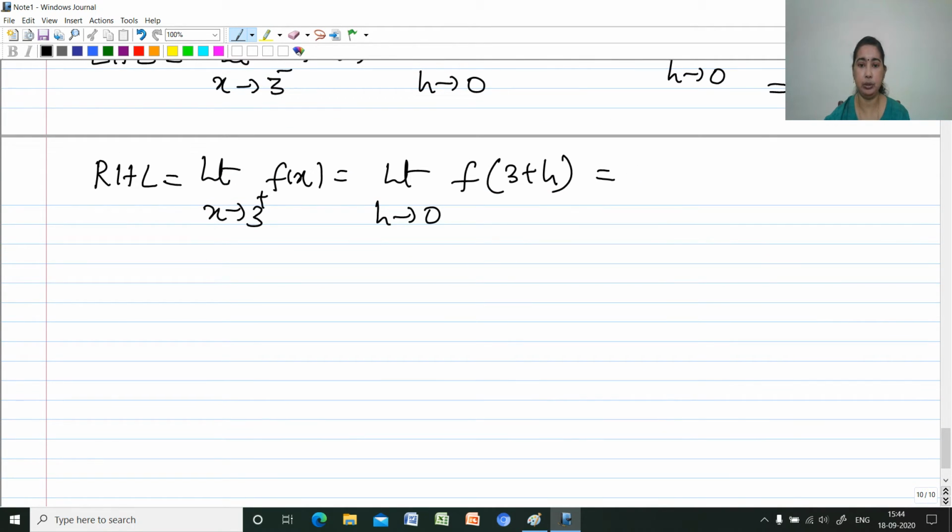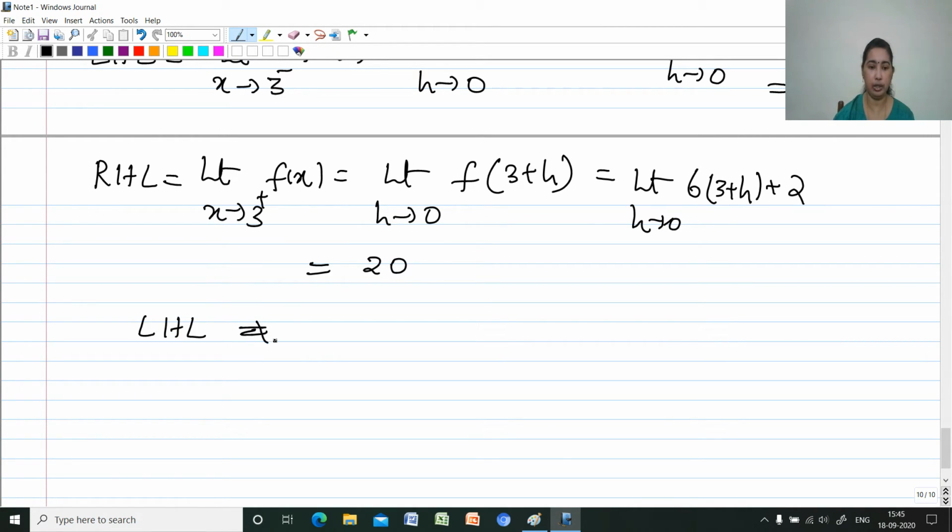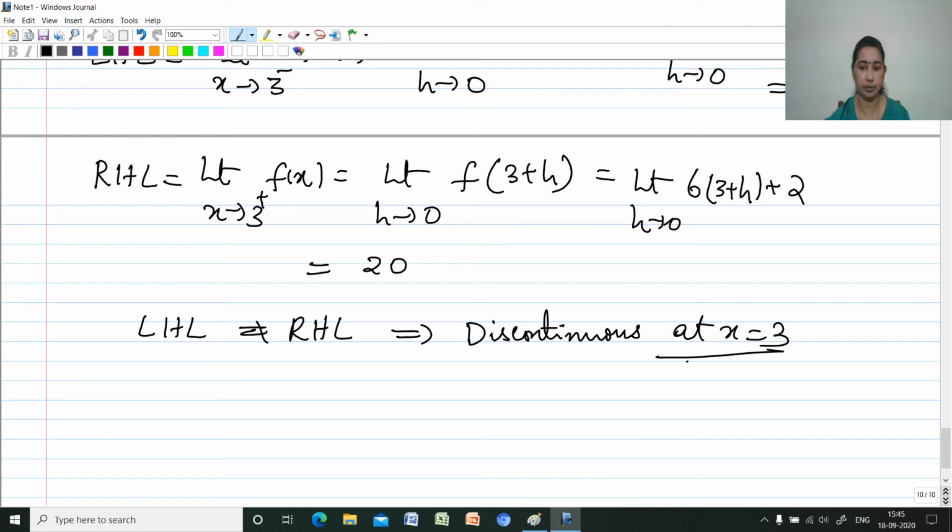So that is equal to limit h tends to 0 6 into 3 plus h plus 2. Here h is tending to 0, so 18 plus 2, that is 20. So we are getting LHL not equal to RHL. That means it is discontinuous at x equal to 3. It is asked for the points of discontinuity, so it is discontinuous at x equal to 3.